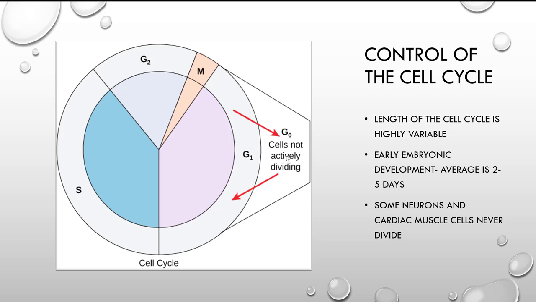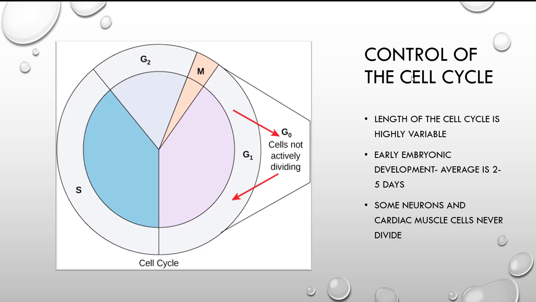Or traumatic brain injury, or if you take some really bad drugs and you really screw up your brain, it's going to be permanent brain damage. Okay, so take care of your brain is what I'm getting at, because some of your cells will never divide again. So you've got to take care of those neurons and those cardiac muscle cells.